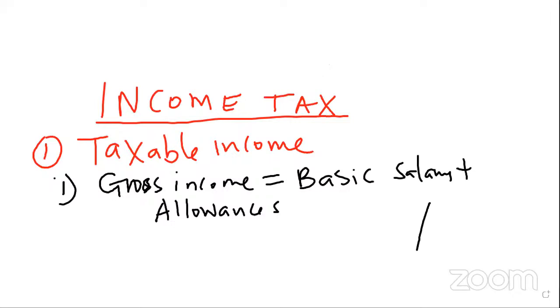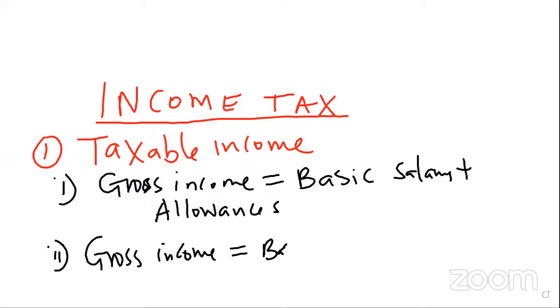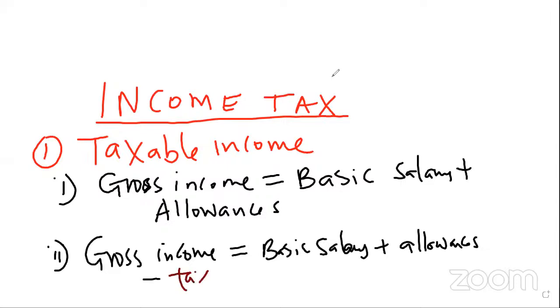Number two, to arrive at the taxable income, you can also look at it this way. Gross income is equal to the basic salary plus allowances minus any tax exemption. Minus any money that is tax exempted.